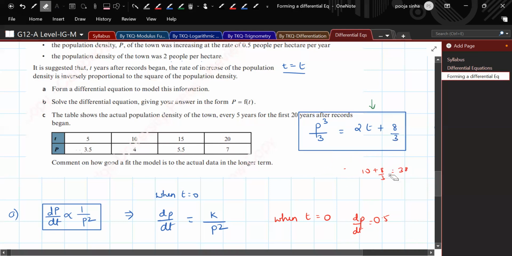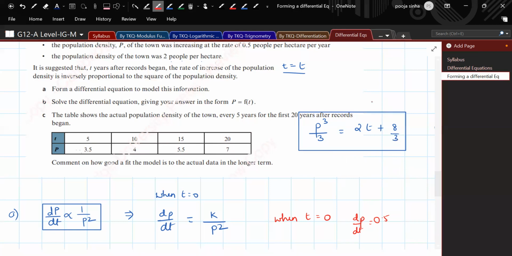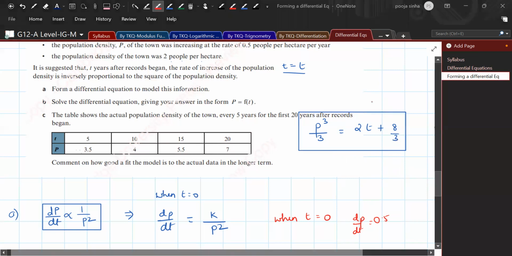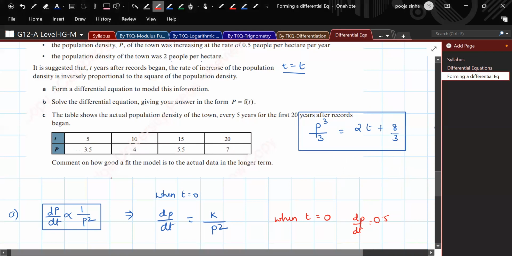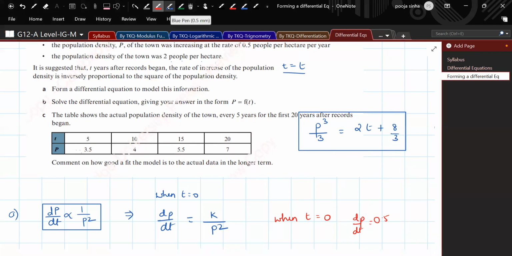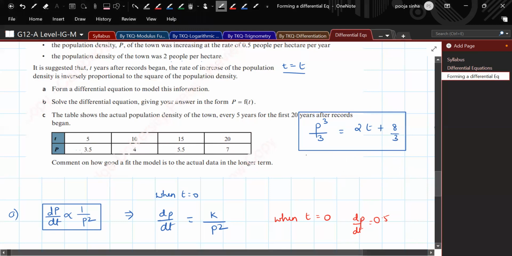And what is the reason? So can we say that the one in the table is not estimating, like we are not estimating as correctly as the table? You have to tell in terms of how good a fit the model is to the actual data in the longer term. But I still don't understand what the table is.